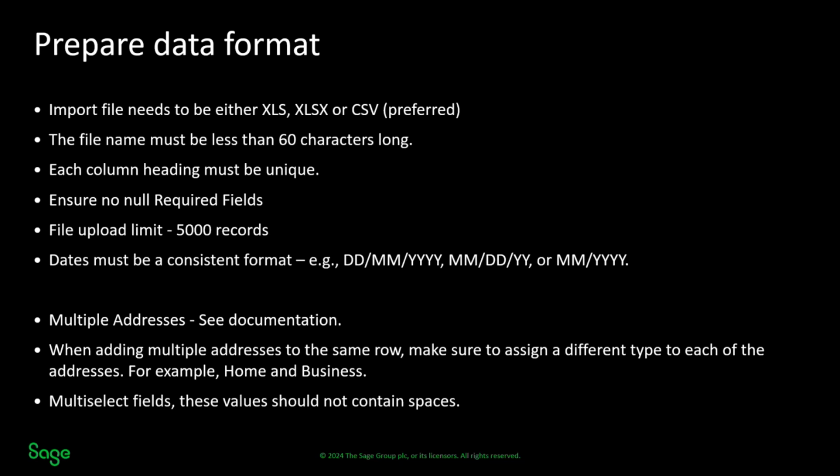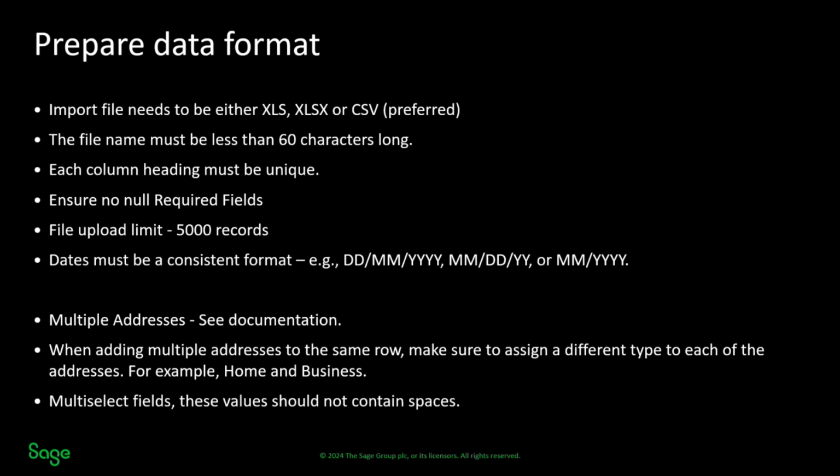That's a requirement because when things are uploaded, they're going to be creating groups, and there are limitations on group names. So 60 characters is the limit for the file name. And within the file, each column must have a unique heading and be mapped into an existing field in the Sage CRM database.